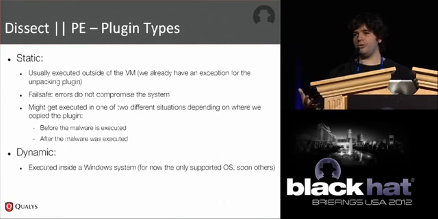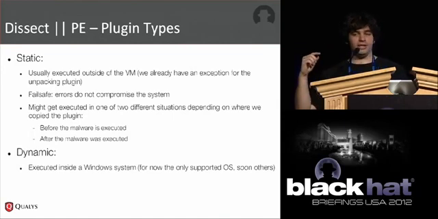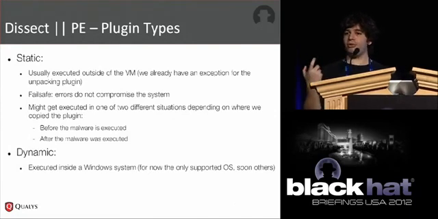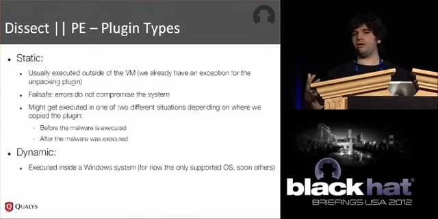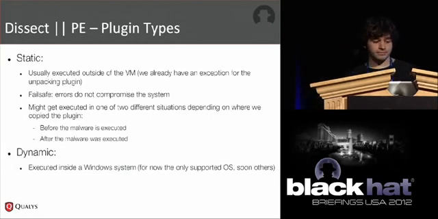We run the sample and grab some results, such as network traffic, which we cover in the next slide, and other information, like files created. After the malware finishes execution inside the virtual machine, we collect information, for example the network traffic. So there is a second place to execute static plugins. This time, another parameter the plugins receive is the pcap of the traffic generated by the malware, so the researcher can also research the traffic generated by the malware.